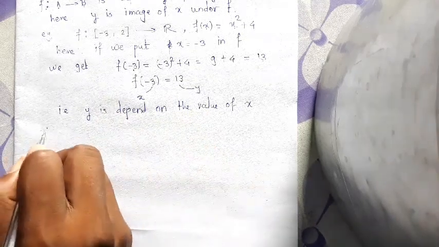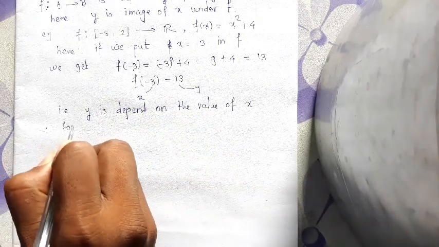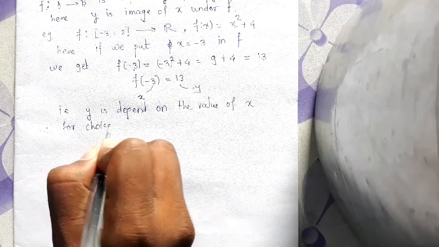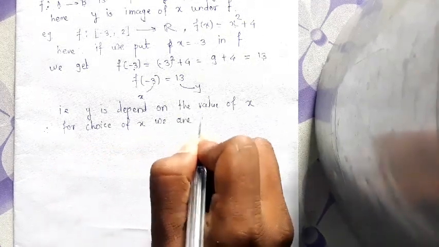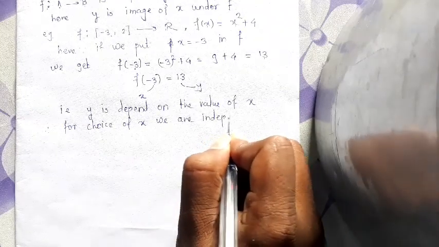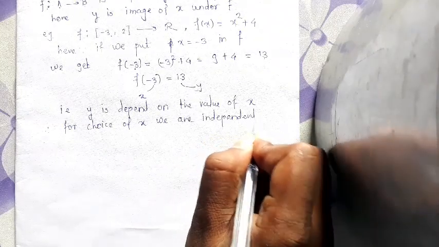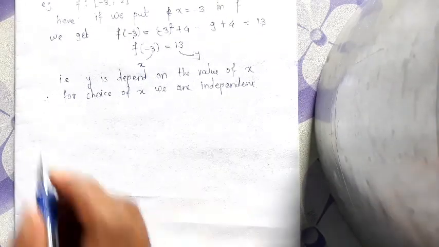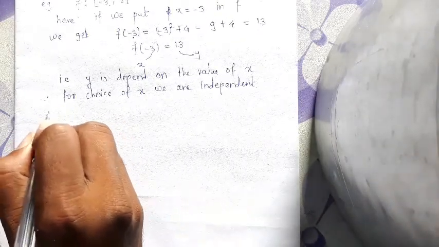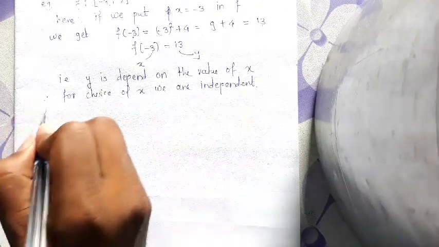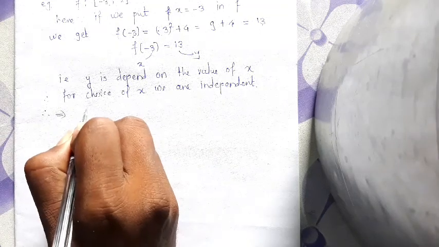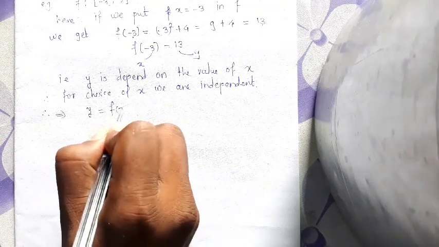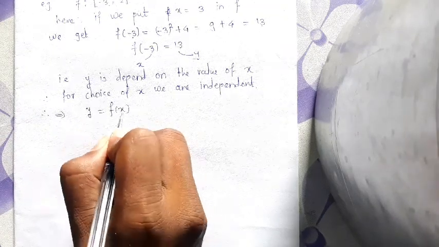So for the choice of x we are independent, which means we can take any value. Independent means swatantra. Therefore, y is equal to f of x, where the value of y depends on x.